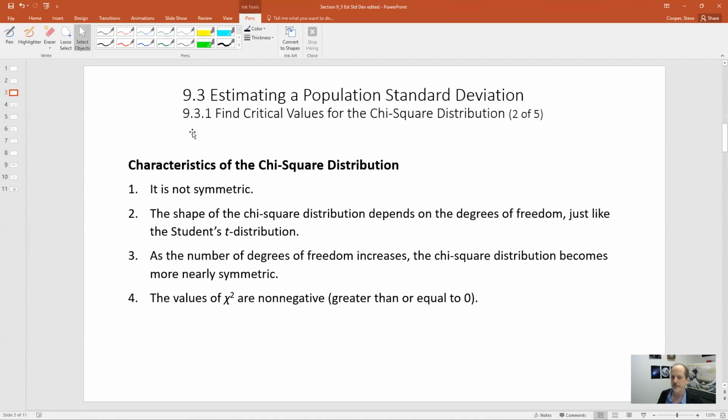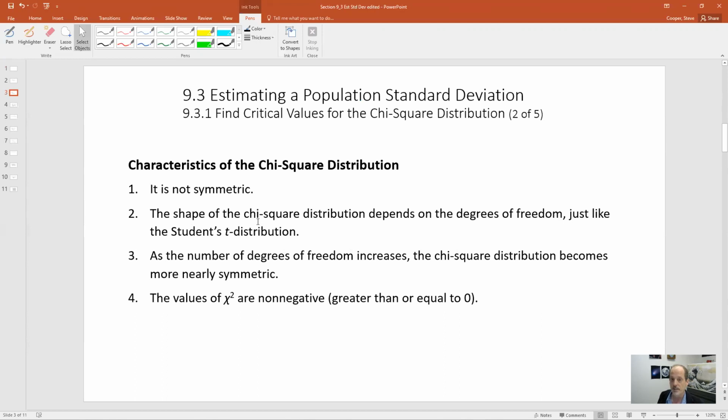Okay, so just to bring up the characteristics again here, it's not symmetric. And the shape depends on the degrees of freedom. As we increase the sample size, obviously the degrees of freedom is just one less than the sample size. So saying that it depends on degrees of freedom is the same thing as saying it depends on the sample size.